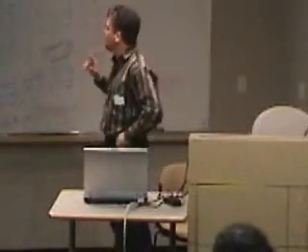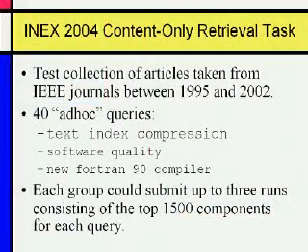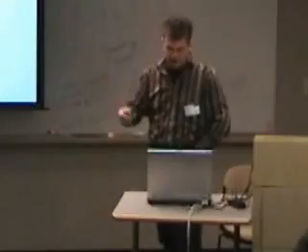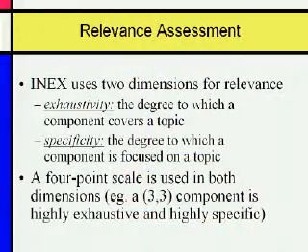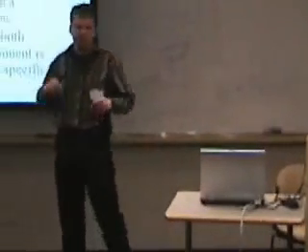So INEX defined two dimensions for relevance. One is basically the degree to which the component covers the topic. So how much does it cover the topic of text compression or software quality or something like that? How deeply is it covering this topic? And then the second dimension is the degree to which the component is focused on the topic.